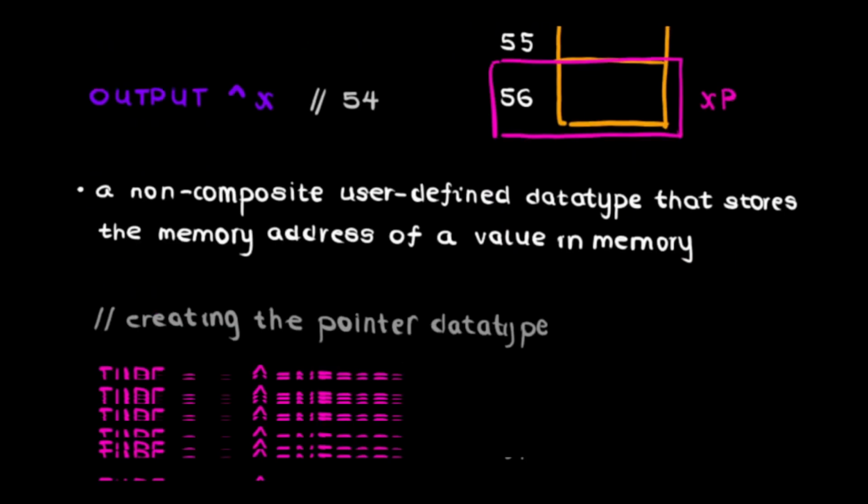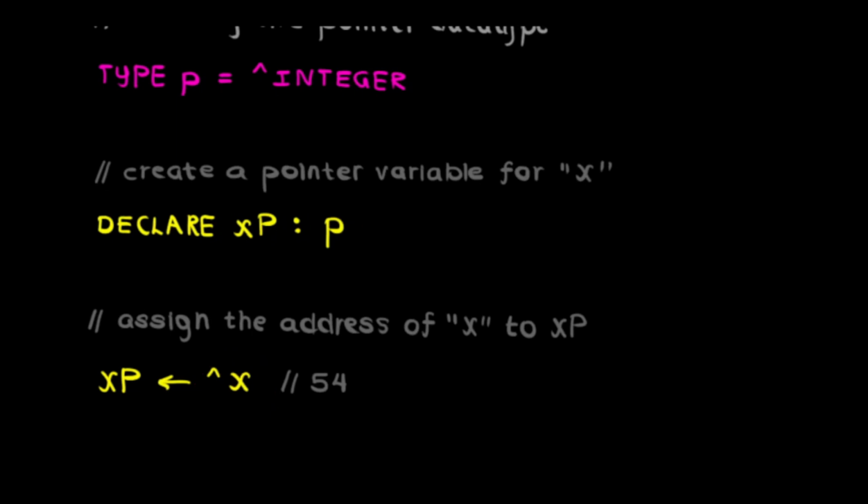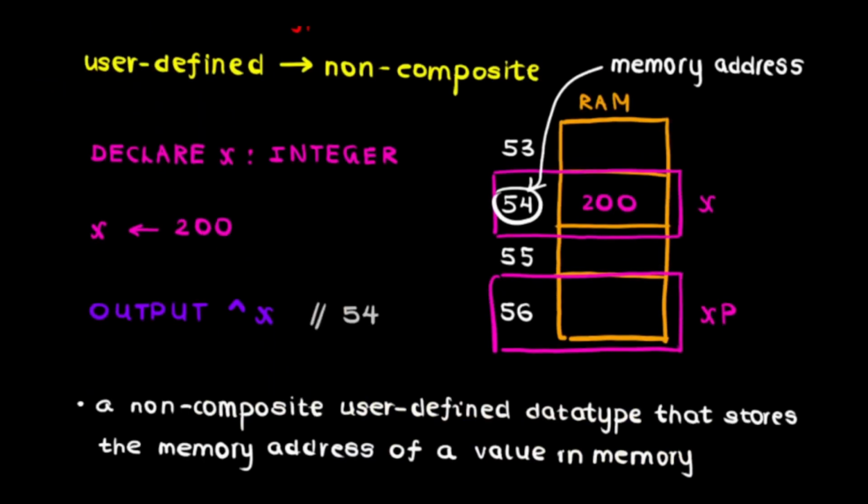And when I set xp equal to circumflex x, what actually gets stored in this memory address 56, which is again an arbitrary choice I made, is 54, where 54 is actually the memory address of x, right? Now notice xp is technically saying if you want to go to x, go to 54. And that's really why we call these pointers, because they are pointing to locations of other variables in the memory.